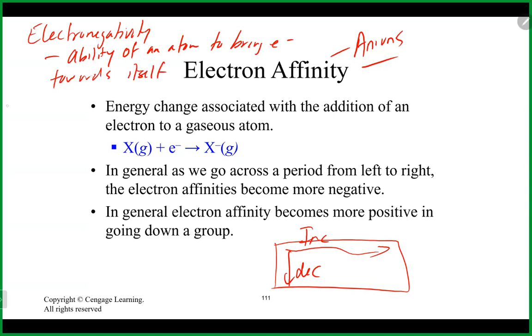That also, in terms of the periodic table, increases as you go up and to the right, decreases as you go down, with fluorine being the most electronegative atom that you could have on the periodic table. So electronegativity is that ability to bring electrons towards itself.